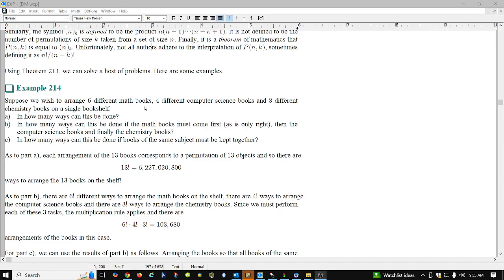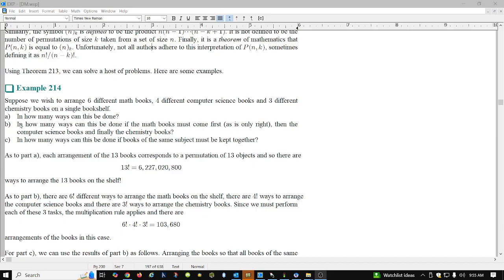Maybe this is the kind of problem that will come up in physics regarding electrons around an atom or something else, but it doesn't seem important to go into any physics here when we're trying to understand the underlying mathematics. And so if you will trust me, to the extent that these counting techniques are important in mathematics and in the sciences, then we can just deal with the simplicity of books on a bookshelf.